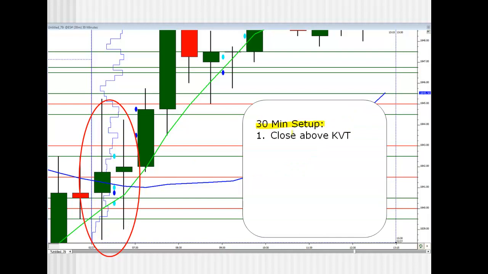The first thing that we want is, once we have the KVT indicators on our 30-minute candle, we want to make sure that we close above KVT levels. So even though we may have some up here, at least there were some below. And we ended up closing above the levels below, and in this case we actually had more below than we had up above.